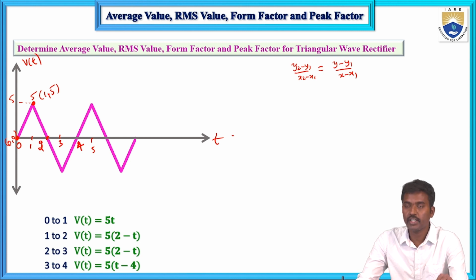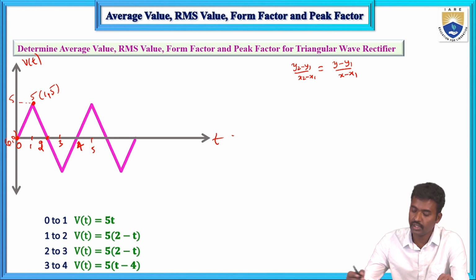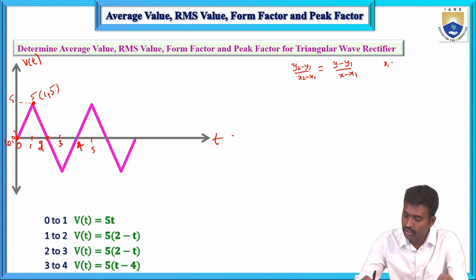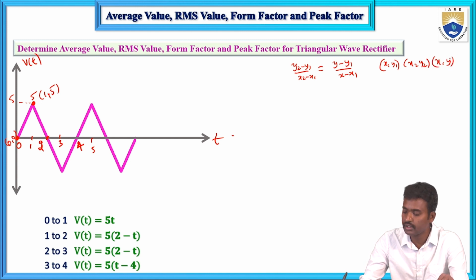If two points are given in the question, the straight line passing through the two points has this equation, with x1 y1, x2 y2, and x and y.